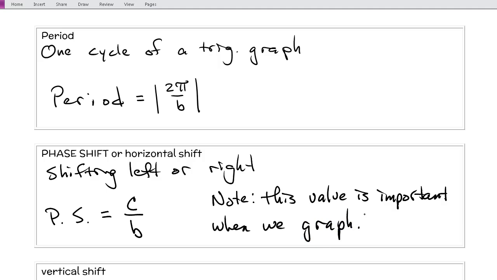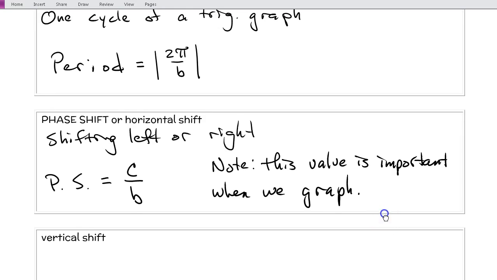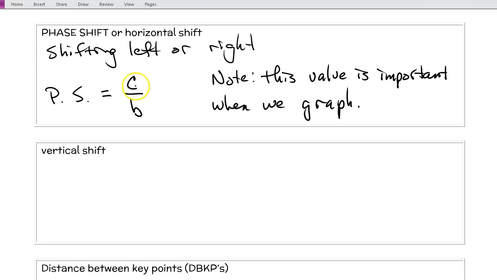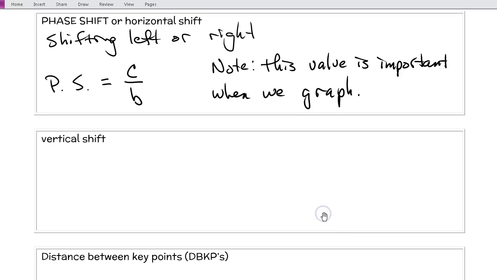Okay, so in order to get an accurate cycle, we want to make sure that we're starting at an appropriate value so that we don't get half of a cycle or 3/4 of a cycle. Alright, so that's where this phase shift value is going to come in handy for us. Alright, then we have vertical shift, that's up and down, and this is simply calculated by using the value of d. So d will tell us how far up and how far down.